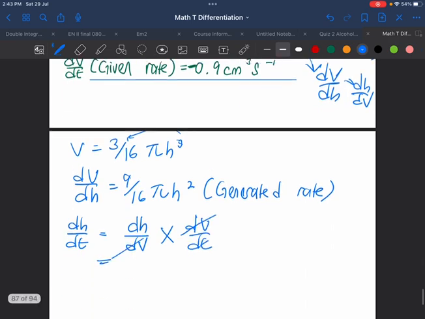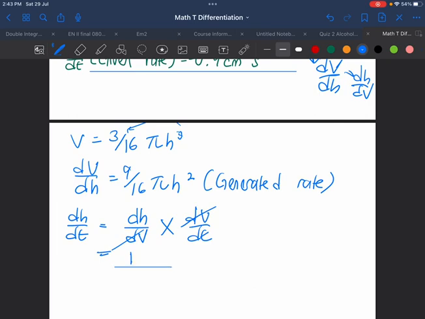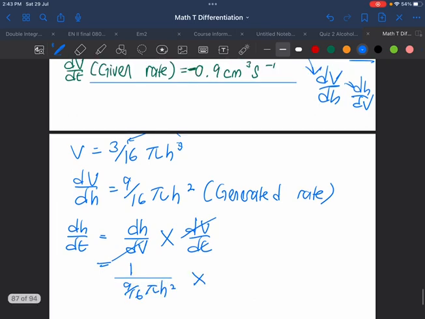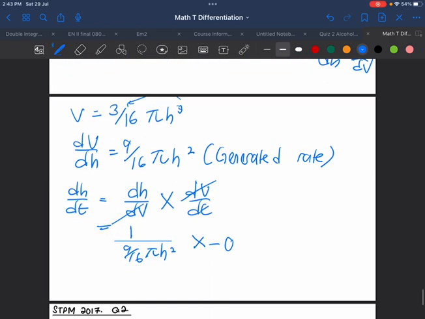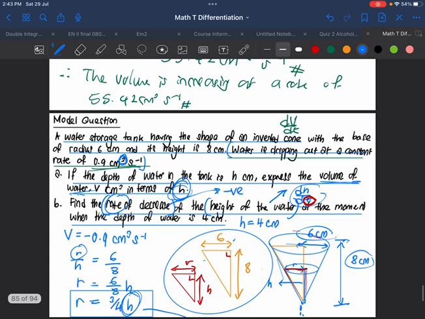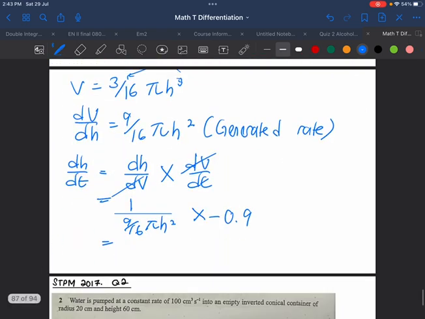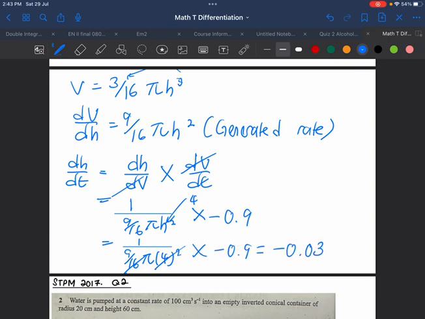So here is 1 over 9 over 16 pi h squared, times dV over dt, which is given as negative 0.9. And you have the h, right? Because the question gives h as 4 centimeters. You substitute 4 here, you will get 1 over 9 over 16 pi 4 squared, and this will cancel out, times negative 0.9, and we get the answer, negative 0.032 centimeter per second.